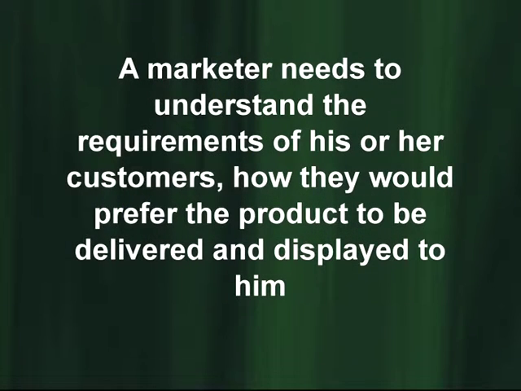Or for some other products like cigarettes or gutkhas, maybe the consumer would like to buy from a small store around the corner. So a marketer needs to understand how customers would prefer the product to be delivered and displayed to them.